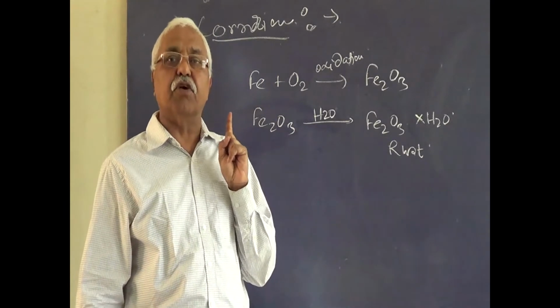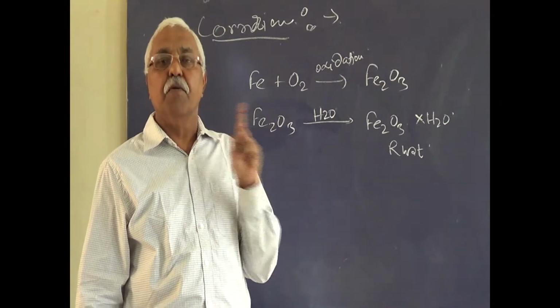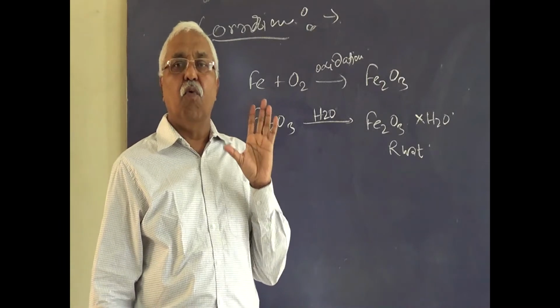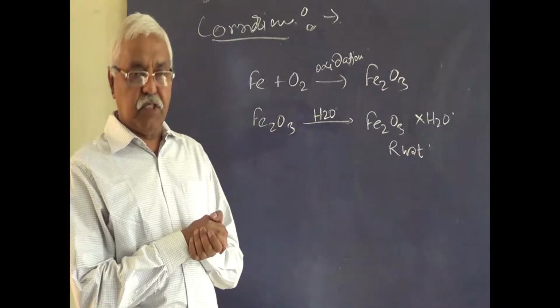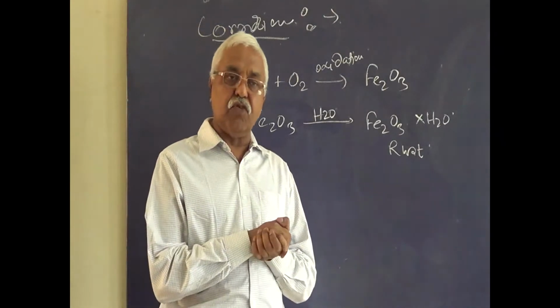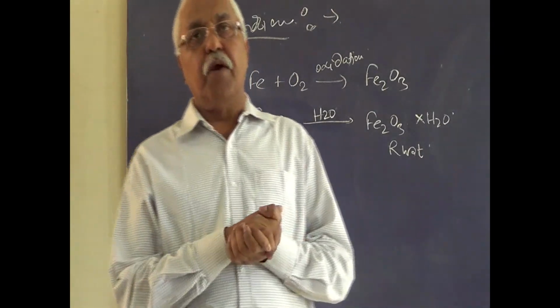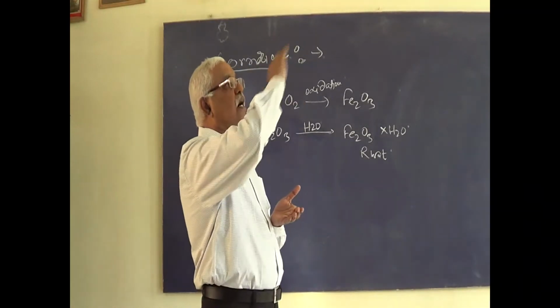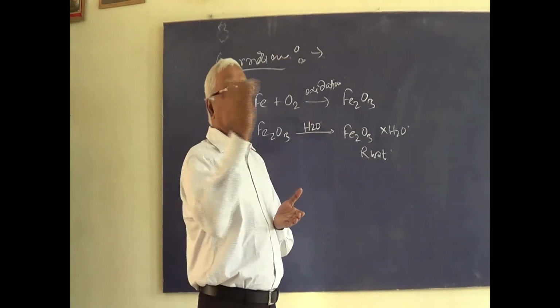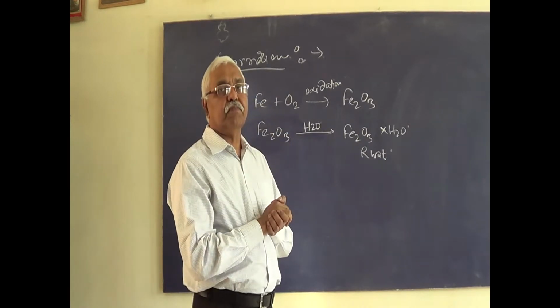If we cut off the supply of either water or air, the corrosion will stop. Initially, we apply a layer of oil to cut off the supply of oxygen.